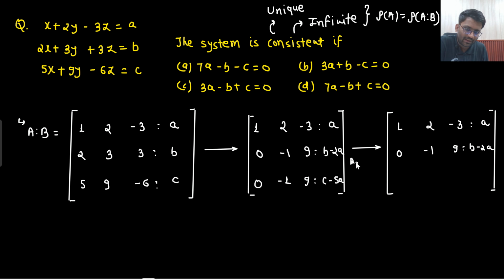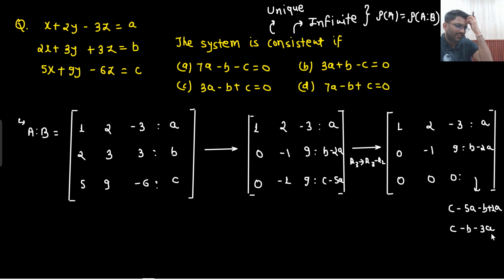From R3, I am subtracting R2. What am I getting? This is 0, minus 1, 1, 0. This is also 0. And c minus 5a minus b plus 2a. So you are getting c minus b minus 3a. Right? This is what you are getting.